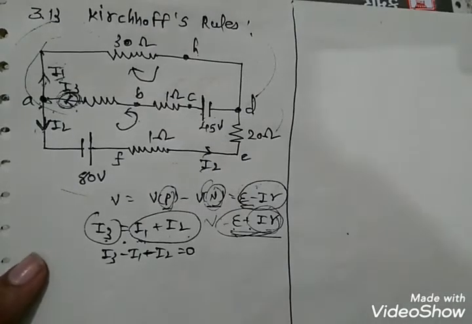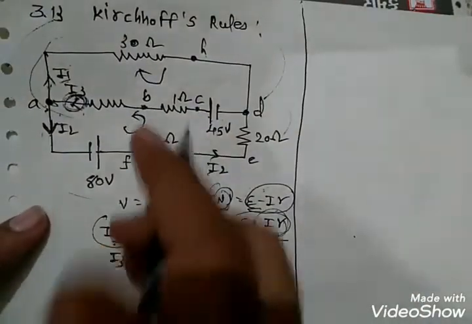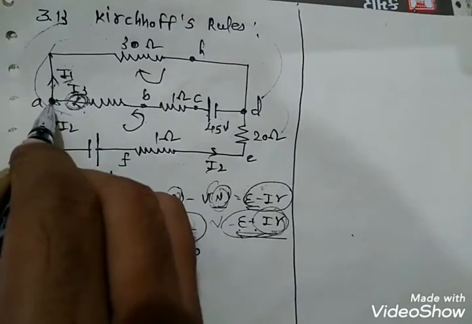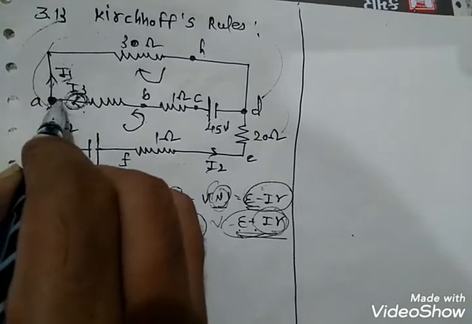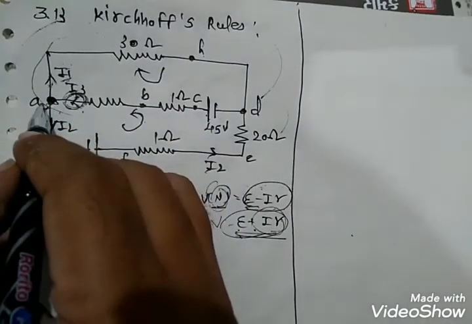Now here are two rules. The first one is the junction rule. A junction is a point where more than two branches meet.